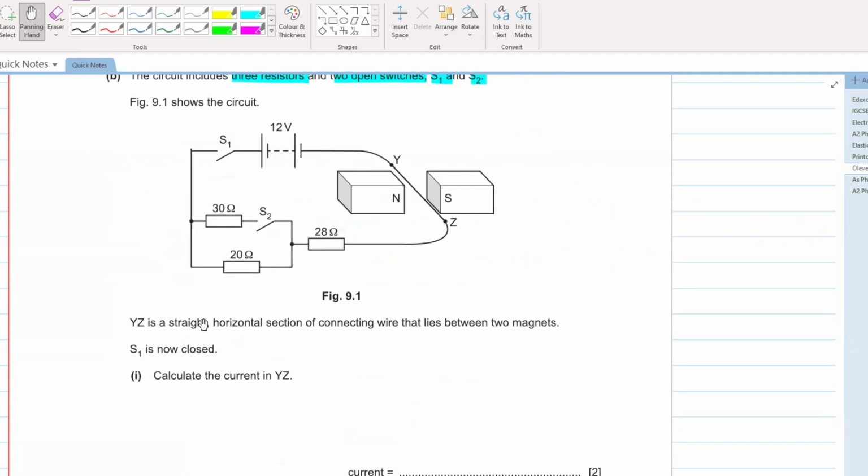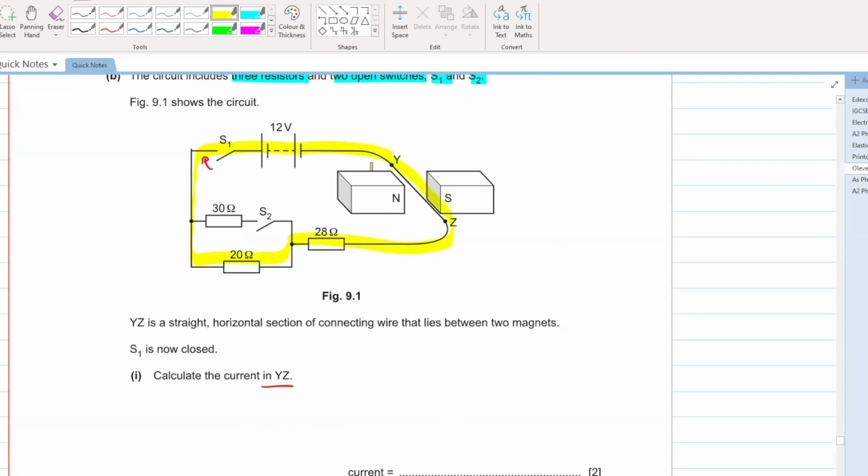Perfect. S1 is now closed. Calculate the current in YZ. If you analyze, if S1 is closed, what will be the circuit? If S1 is closed, your circuit will start from here, go like this, and like this.